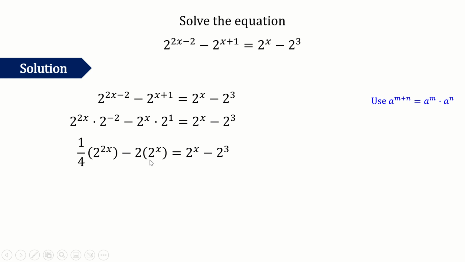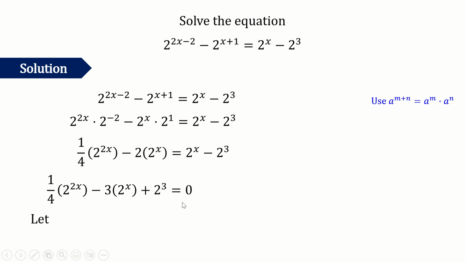Okay, and then we can bring 2 to the power of x to the left hand side, so negative 2 to the power of x minus 2 to the power of x is equivalent to negative 3 times 2 to the power of x. Right, and then 2 to the power of 3 is equivalent to 8.